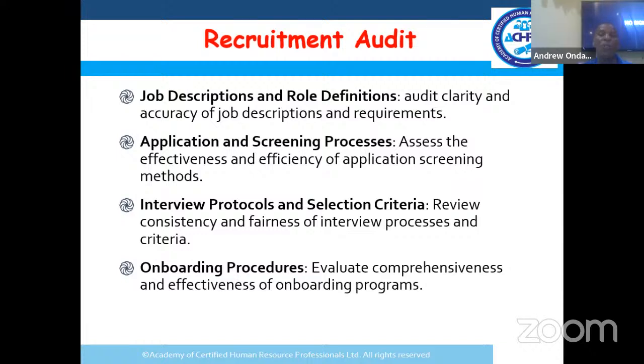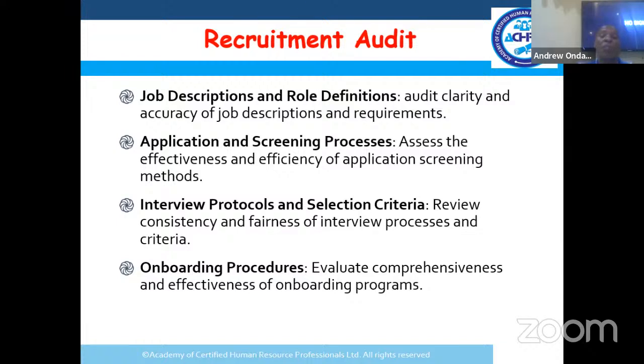If it is a new role, then we develop job descriptions afresh. And if it is an existing role, then we review the job descriptions with a view to, one, enriching the job, or two, eliminating duties or responsibilities that are redundant or are no longer useful.